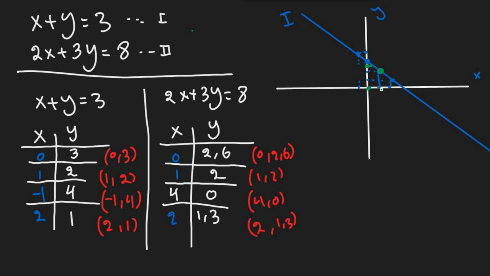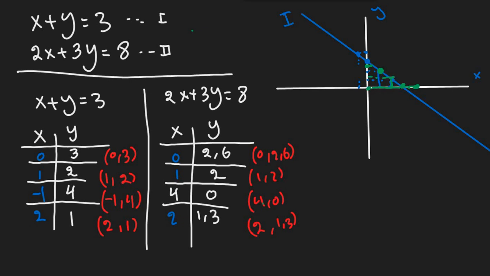Then 4 and 0: x is 4, y is 0, this point. No, 4 is here. Yeah, I made a mistake, so it's 4. Then x is 2, y is 1.3, somewhere here.